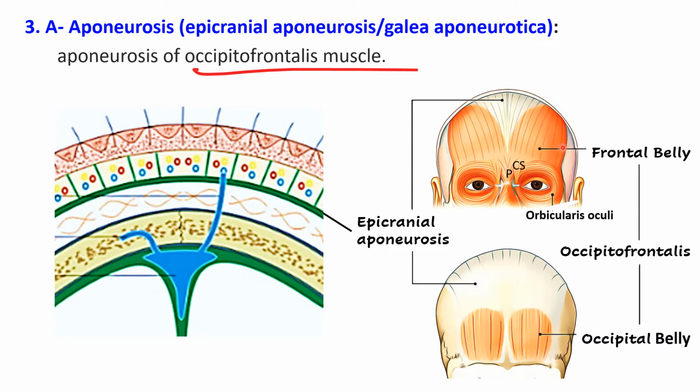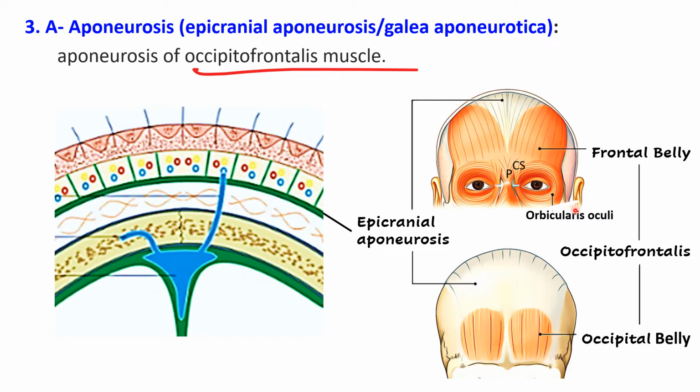The deeper fibers are going to merge with the muscles here, three muscles: the procerus, the corrugator supercilii, and this circular muscle, orbicularis oculi, like an orbit around the eye.